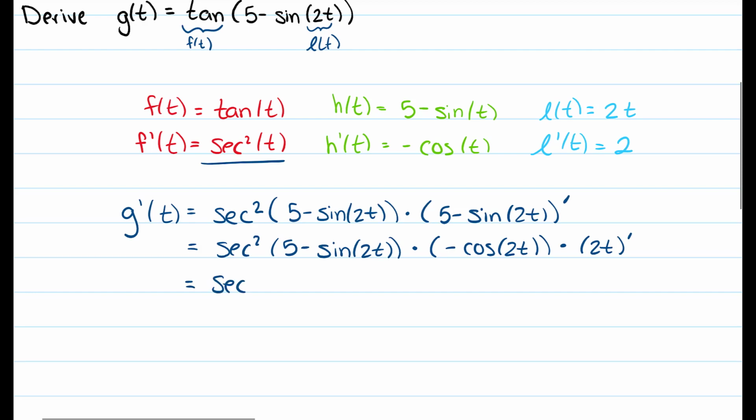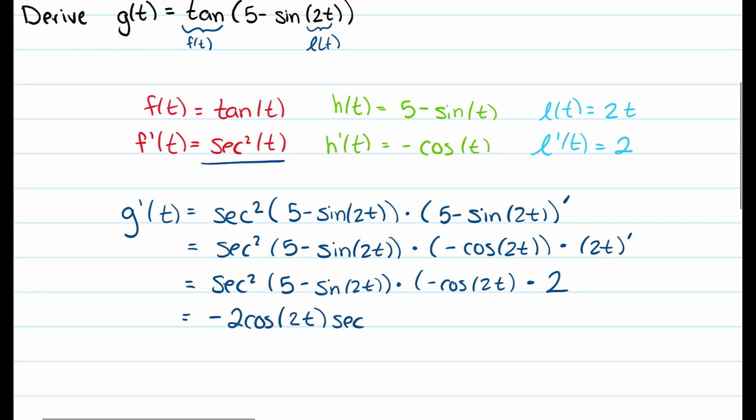So I'm left with secant squared of 5 minus sine of 2t times negative cosine of 2t, and the derivative of 2t is just 2. And then you want to go ahead and write it in the correct order. What I mean by correct order is just get your coefficients to the front. So we get that this is negative 2 cosine of 2t times secant squared of 5 minus sine of 2t.